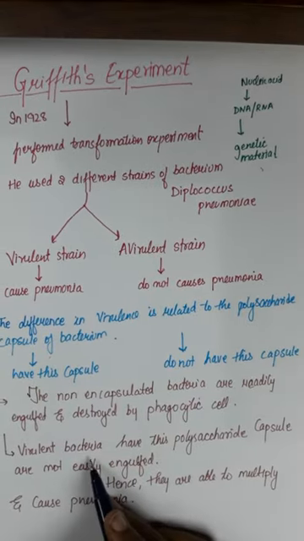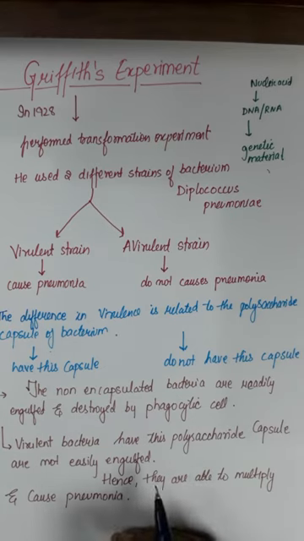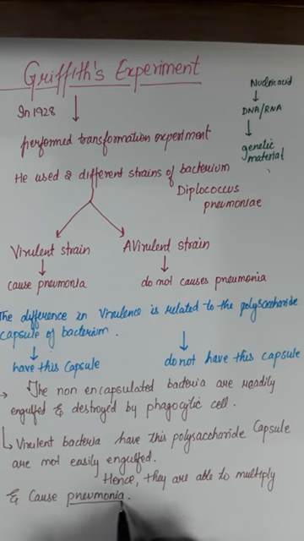This virulent bacteria has this capsule, that is why it is not easily engulfed by phagocytic cells. Hence, they are able to multiply and cause pneumonia.